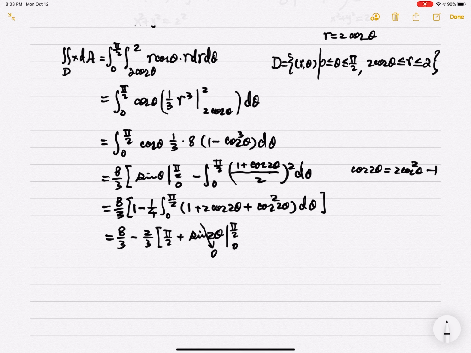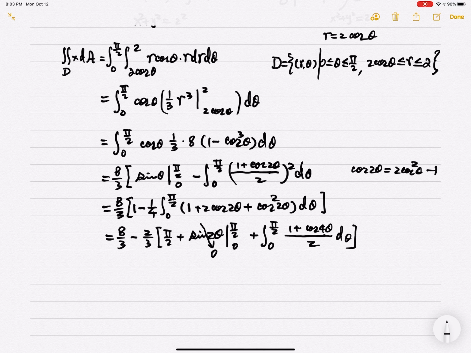Then for this term we use the double angle formula again. It equals 1 plus cosine 4 theta over 2, d theta.